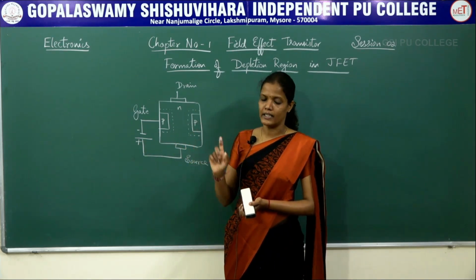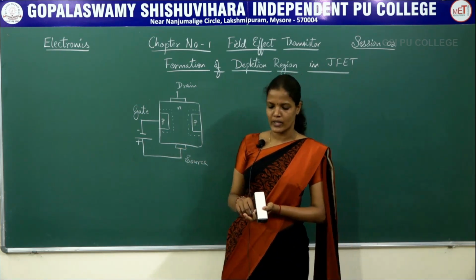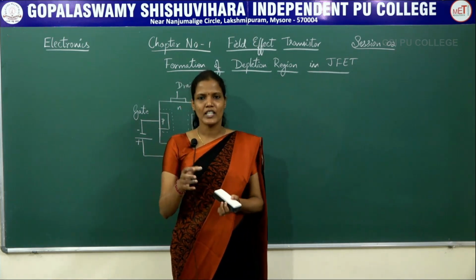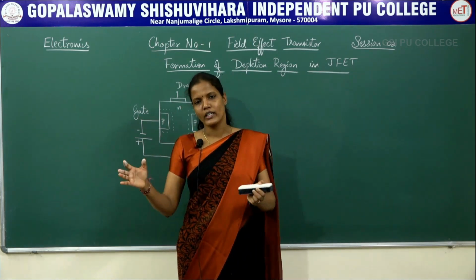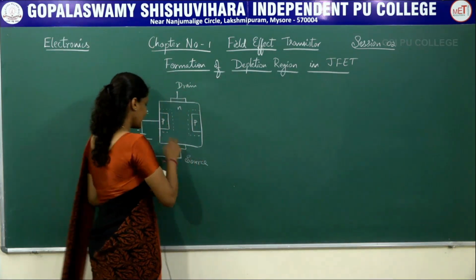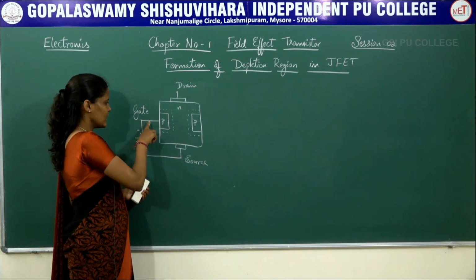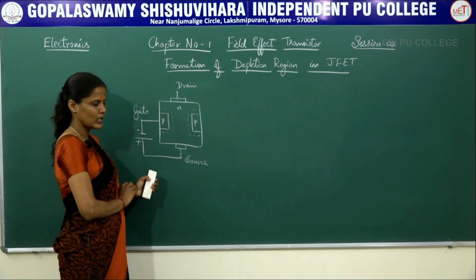Since p-type is heavily doped compared to the n-type semiconductor, the depletion region will extend more towards the n-type compared to the p-type. Now let us see what happens if I start increasing the reverse biasing voltage applied between the gate and source terminals.